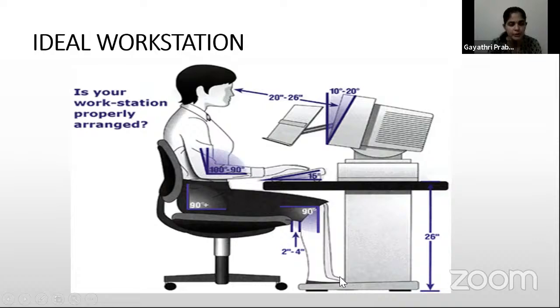Your legs should be firmly placed on a footrest or on the ground, and there should be enough leg room to move your legs in case you need to move them occasionally. The screen should be placed below eye level, and you should sit at least 50 to 70 centimeters away. This is when you're actually using your screens, desktop or mobile.